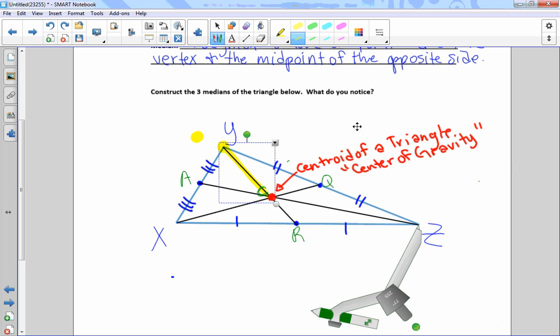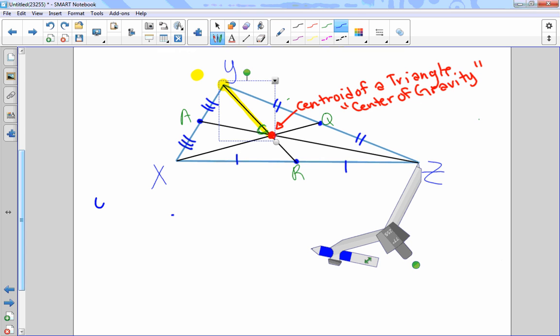2/3 is exactly right. So underneath, we're going to say YC is 2/3 of YR.